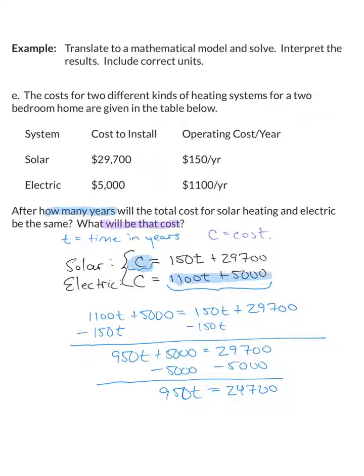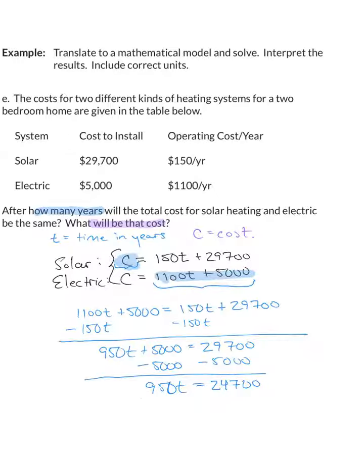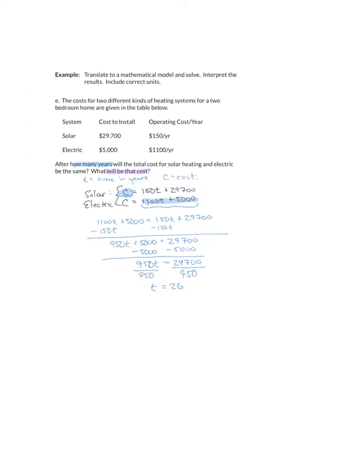From here, we want to divide by 950. So go ahead and use your calculator to figure out what this is equal to. Dividing both sides by 950, I get t equals 26. So what does that mean in terms of the problem?